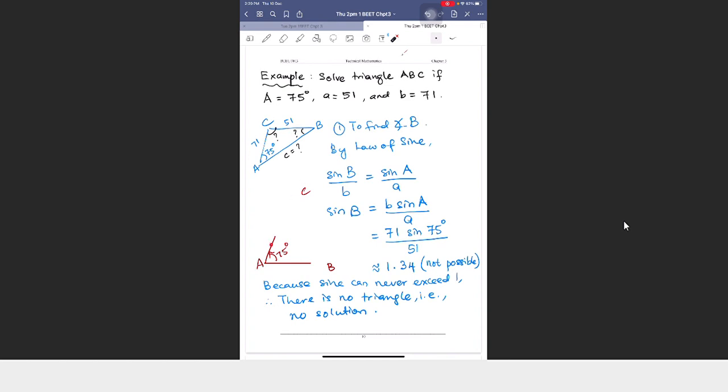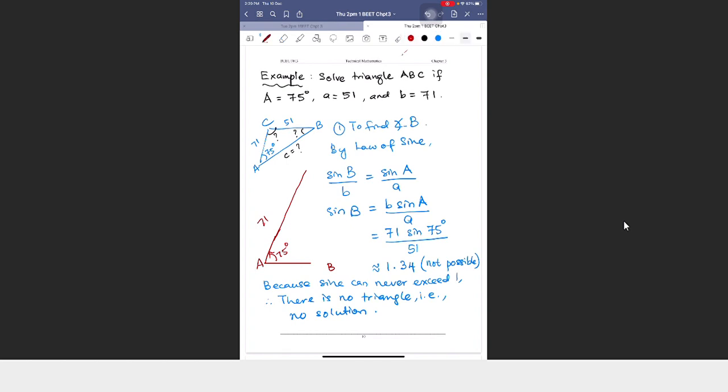If this is my B, that means this length should be 71, and then the length for A is 61. So you measure and draw this, perhaps very long because it's 71.